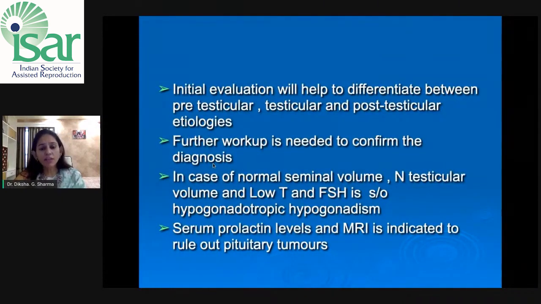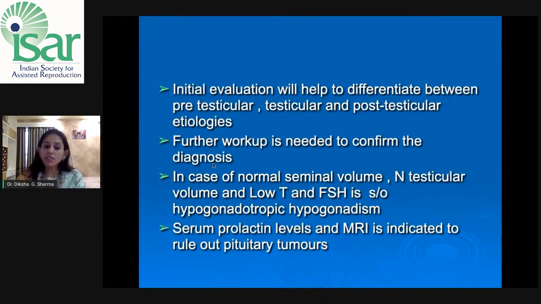Whereas the initial evaluation, like discussed, will help us differentiate to a certain extent whether the etiology is pre-testicular, testicular, or post-testicular. Further workup is needed to clinch the diagnosis. A normal semen volume, normal testicular volume, and low testosterone and FSH is suggestive of hypogonadotrophic hypogonadism.